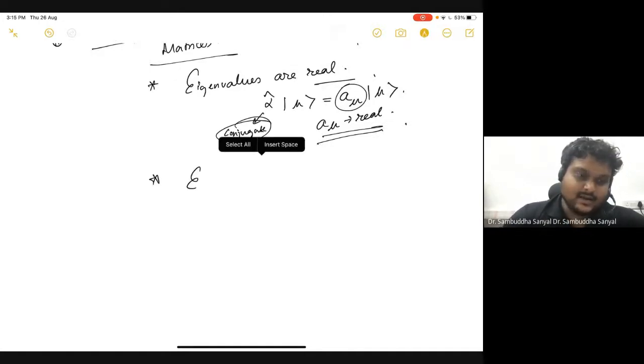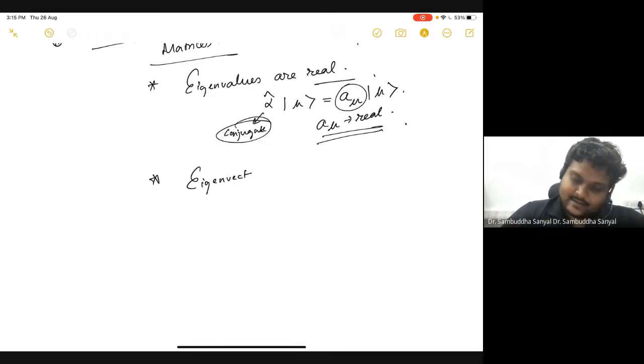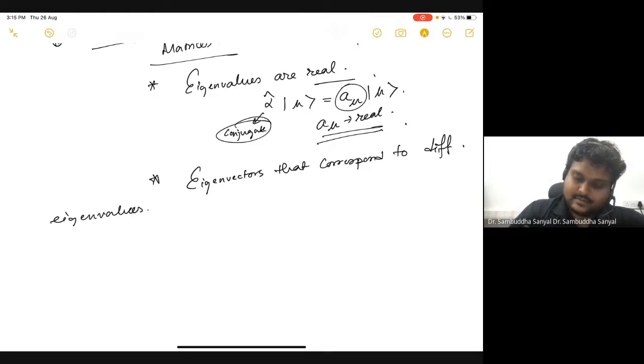Second proof is a little more non-trivial. Eigenvectors that correspond to different eigenvalues are orthogonal. What does it mean?